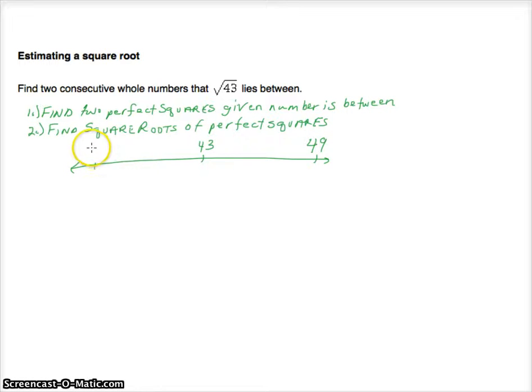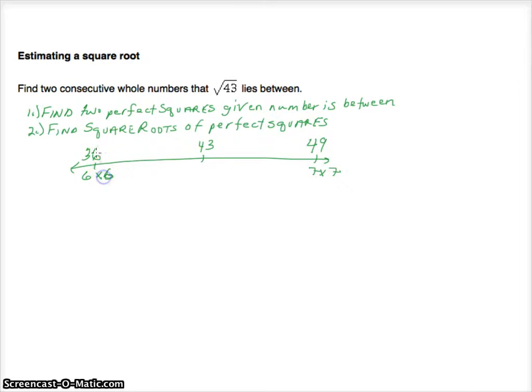And 36 is the next lowest one. I found those just by multiplying integers by themselves, because this is 6 times 6, and this is 7 times 7. That gets us as close to 43 as possible.